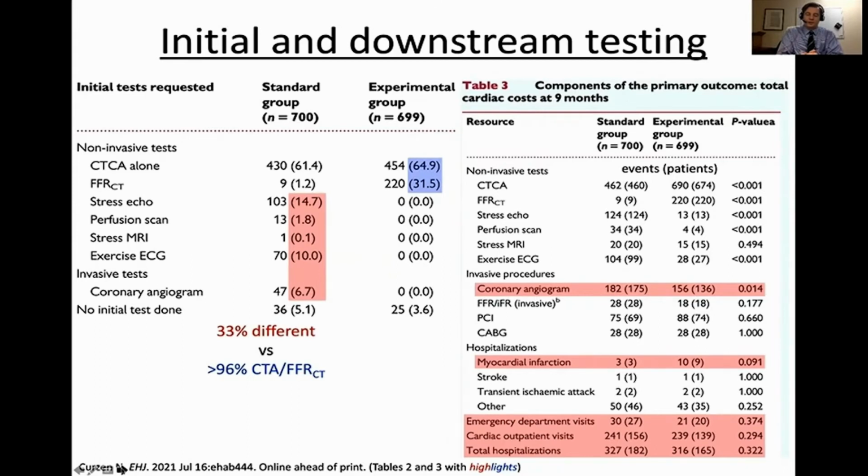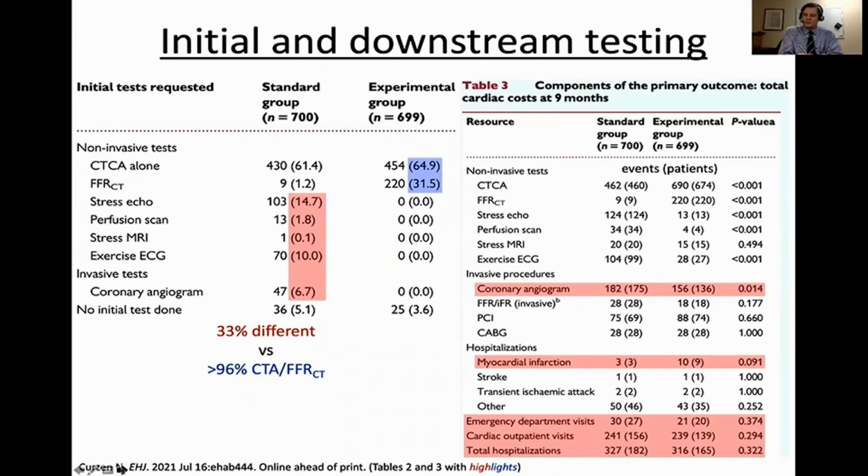Invasive coronary angiograms happen more often in the standard group, but you can see that the absolute difference there is maybe about 40 caths. And those 40 caths are largely all the ones that were ordered in the standard group at baseline anyway. So it's interesting that that's something that's influenced by people's initial decision about what this patient needs.